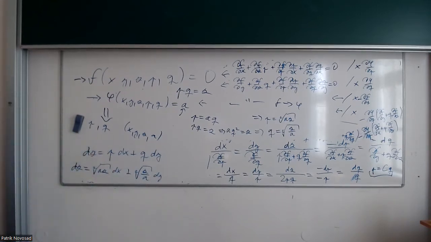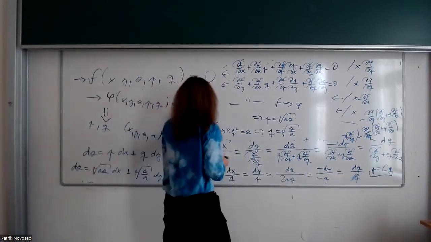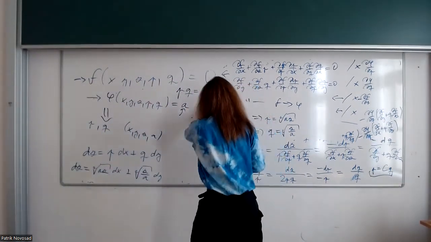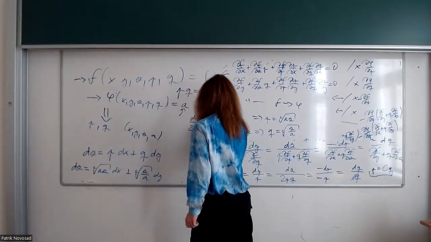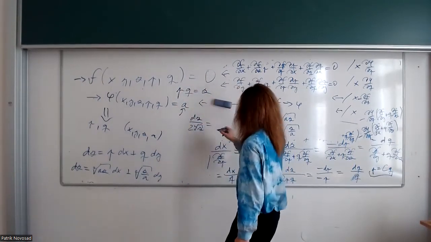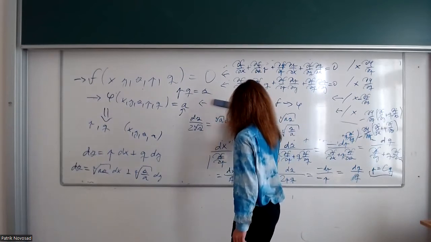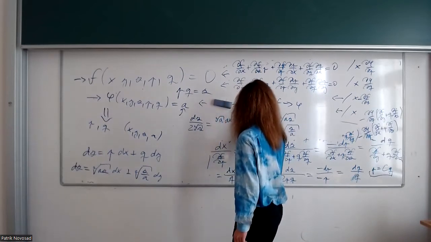And that's not really hard to integrate because we can divide the whole equation by 2 square root of z. And then it gives dz over 2 square root of z equals such a very simple thing.